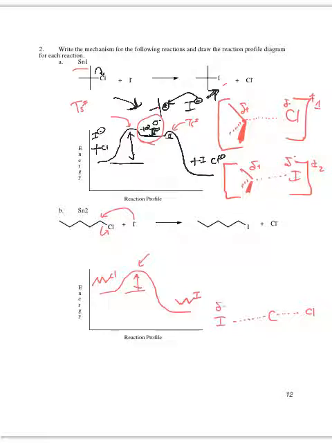Remember, they both have a partial negative on them because the iodide starts with a negative, the chlorine ends with a negative, and then the carbon has our 4 carbon chain off of it, 2, 3, 4, and then the 2 hydrogens, since it is a primary carbon. And the transition state for this is going to look something like this, where the iodide's coming in from the opposite side of the chlorine to form the bond in the transition state for the SN2 mechanism.